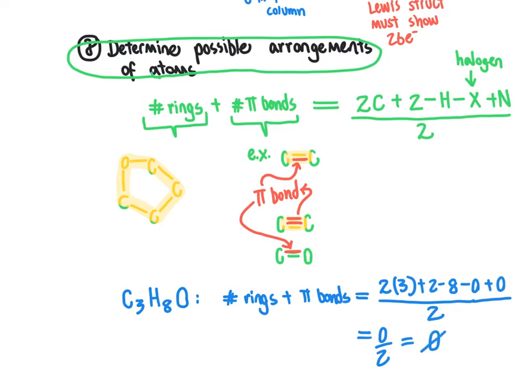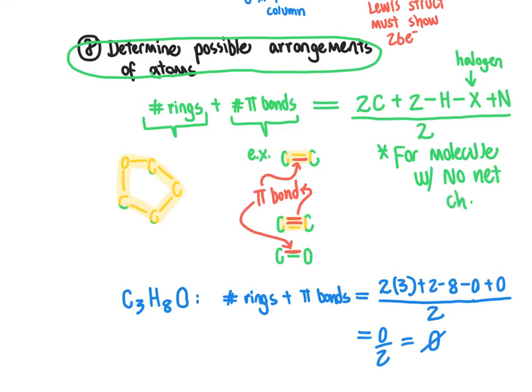And so any correct structure that we can draw here for our molecule, keeping in mind that this equation works for a molecule that has no net formal charge. So it can't work for an ion.